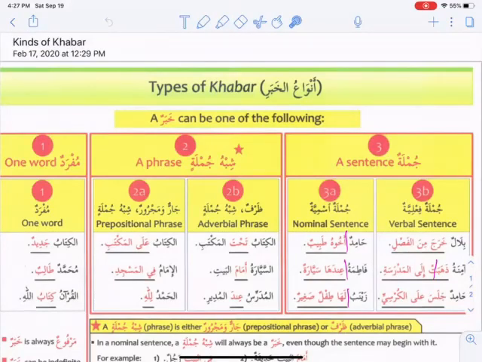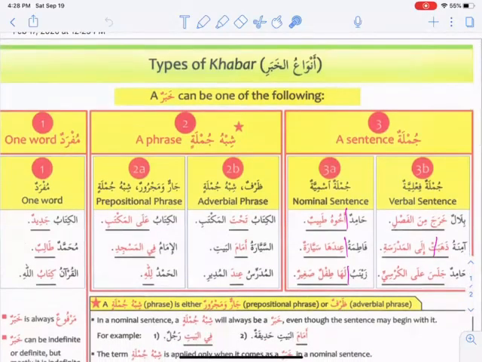We can say Muhammadun talibun, one word. Muhammadun min al-fasli, he's in the classroom, jar majrur, min al-fasli, jar majrur, shibu jumla khabar. I cannot say Muhammadun taht al-maktabi, so I'll say al-kitabu mubtada taht al-maktabi.